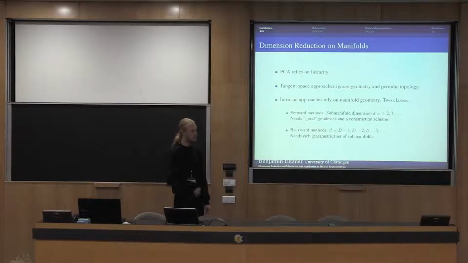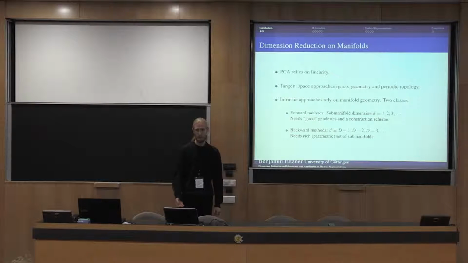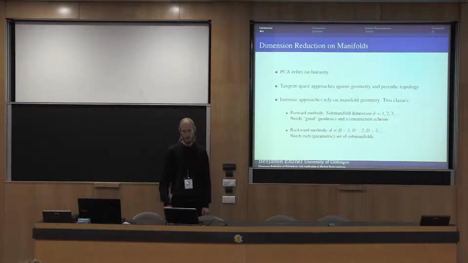And then we further split up these intrinsic approaches into forward methods and backwards methods, where forward methods build up submanifolds from low dimension, so start with dimension 1, 2, 3. So these usually rely on geodesics or structures like this, so we need good geodesics of some type and a construction scheme.